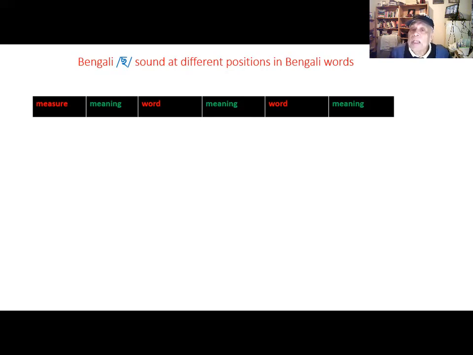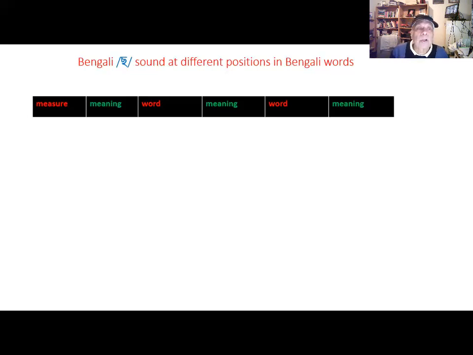We touch the front part of the palate with the tongue like this, and then suddenly release the tongue from the palate. And while doing that, simultaneously, we should expel a puff of air like this. If you do not expel the puff of air, we'll not get the chha sound, we'll get the cha sound.